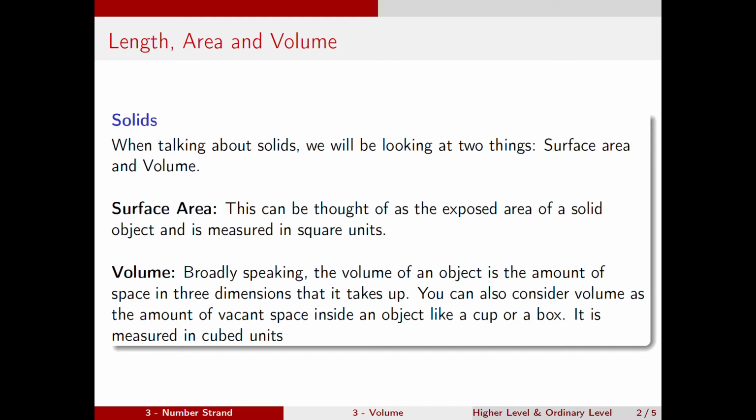Or does it want to know how much space this coffee cup takes up? Do you need to find the space that this coffee cup occupies? Either way, your answer will be in cubed units.